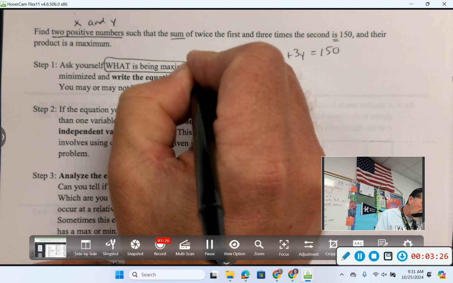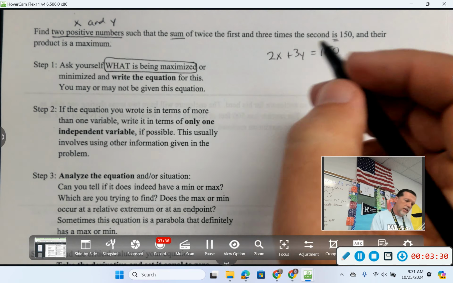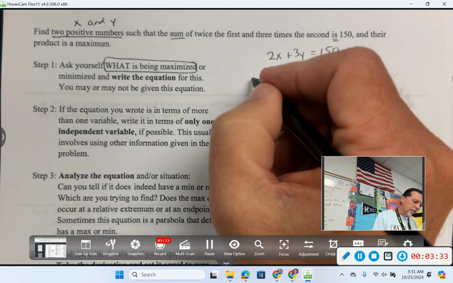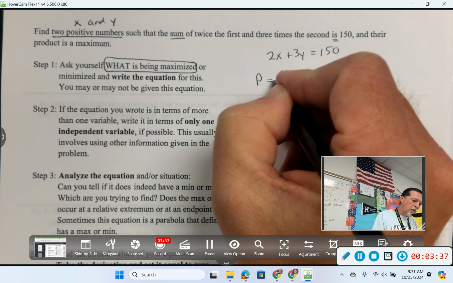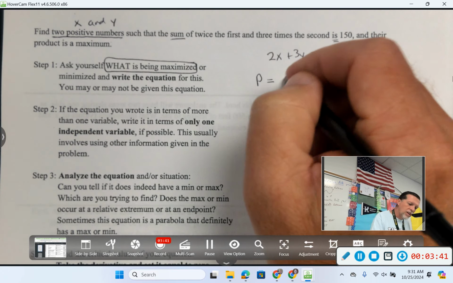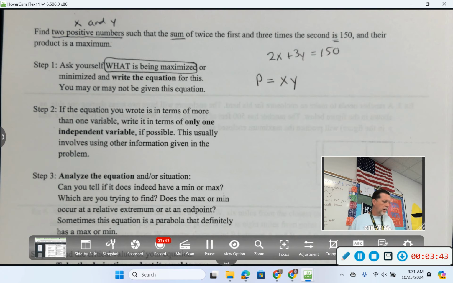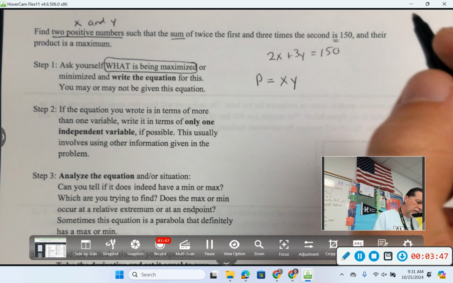That's the main thing for step one. What am I trying to maximize here? This one says their product is a maximum. So their product, that would be multiplication, is xy. And that's what we want to maximize.